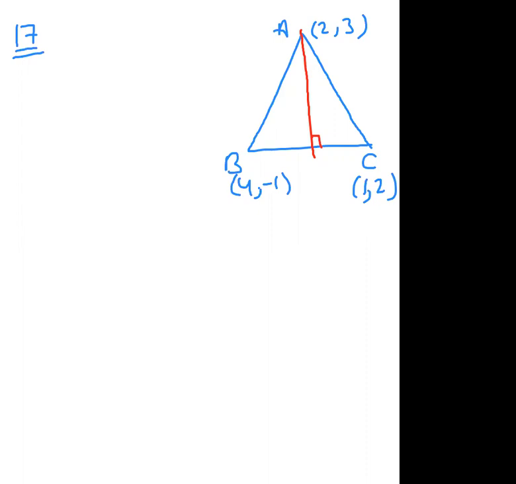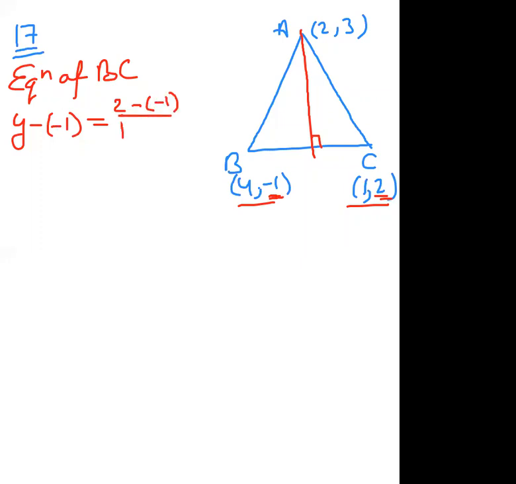So we need to calculate the equation of BC. The equation of BC will be the equation of a line passing through 2 points: y minus y1 equals (y2 minus y1) upon (x2 minus x1) times (x minus x1).